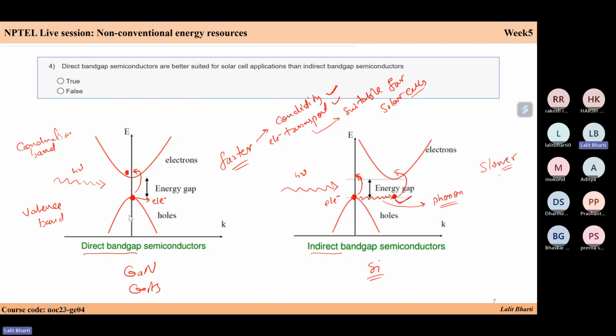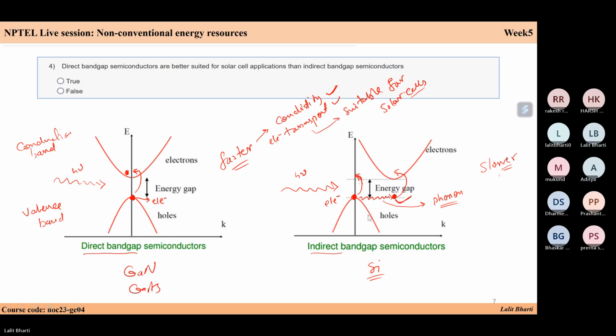In the direct case, if you incident light of, let's say, h nu, your electrons will move directly from the valence to the conduction band very easily and very fast. It will have higher conductivity and higher electron transport, so it is more suitable for solar cells.